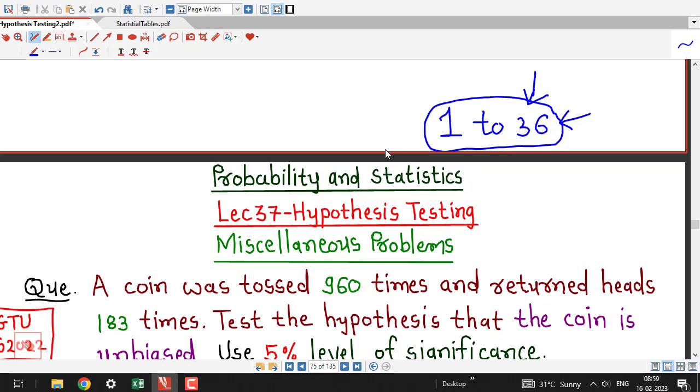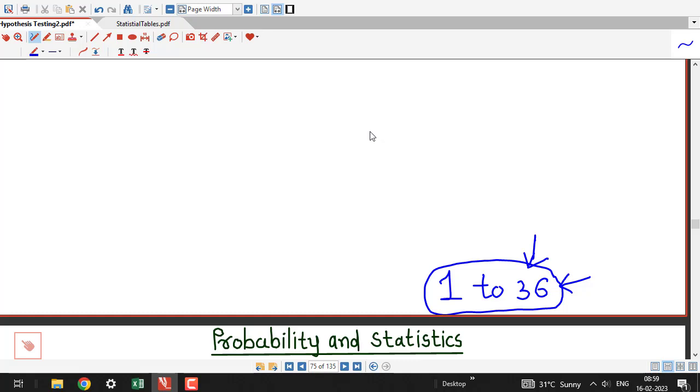You must have understood the different hypothesis tests, that is hypothesis test for population mean, hypothesis test for population variance, hypothesis test for population proportion, and hypothesis test for difference of two means, ratio of variances, difference of proportions.